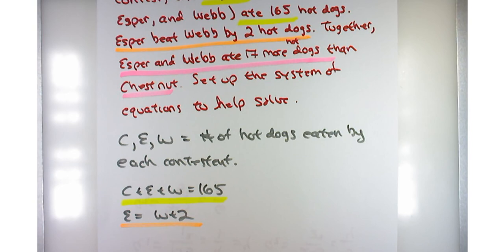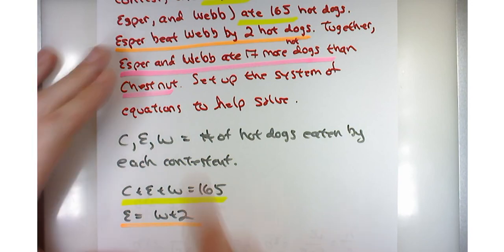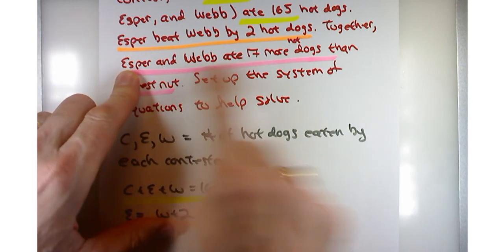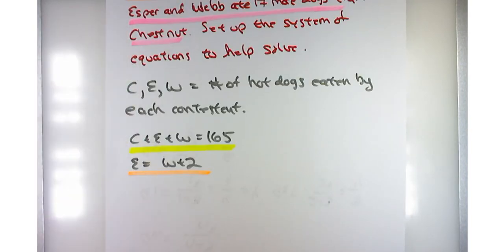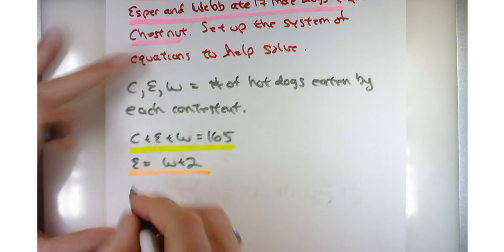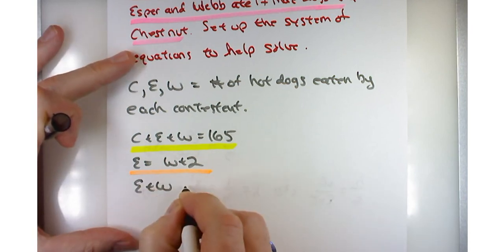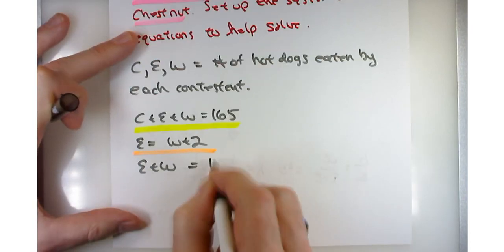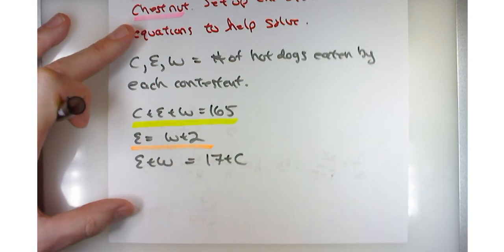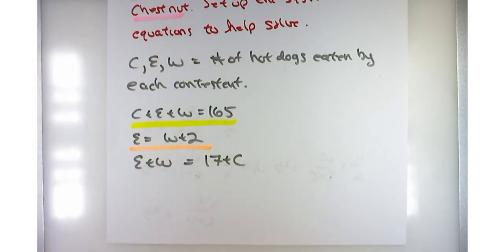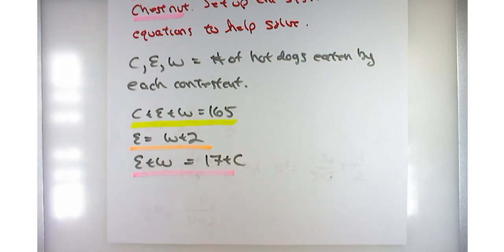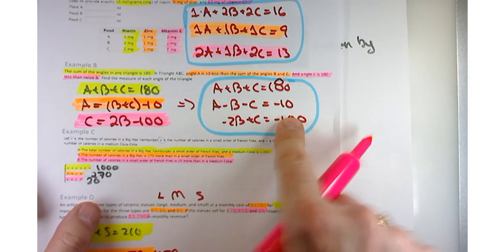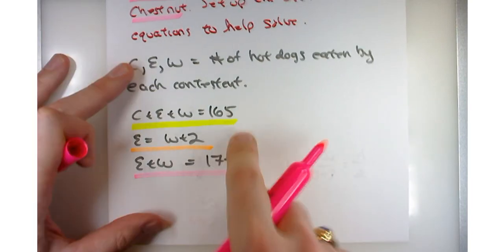E plus W equals 17 plus C. Nice, well done. So their total is 17 more than Chestnut. So E plus W is 17 more than Chestnut. That's the last equation there. We can rearrange it, kind of like we did with this one, to put all the variables on one side, but that's your system of equations.